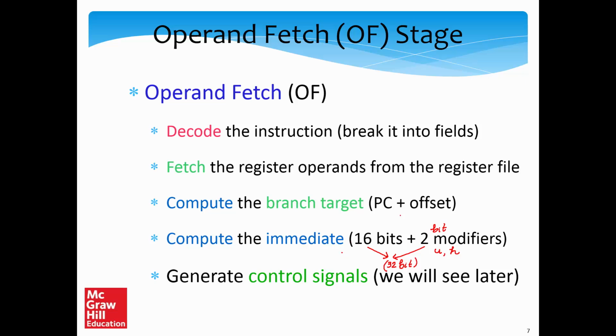The default behavior is to extend the sign, but we can override this default behavior with the U and the H modifiers in the instruction. And finally, we also need to generate control signals, but we shall see that later. The main aim of the OF stage is thus to understand the instruction, fetch the operands, and compute the 32-bit branch target and immediate after taking the immediate modifiers into account.